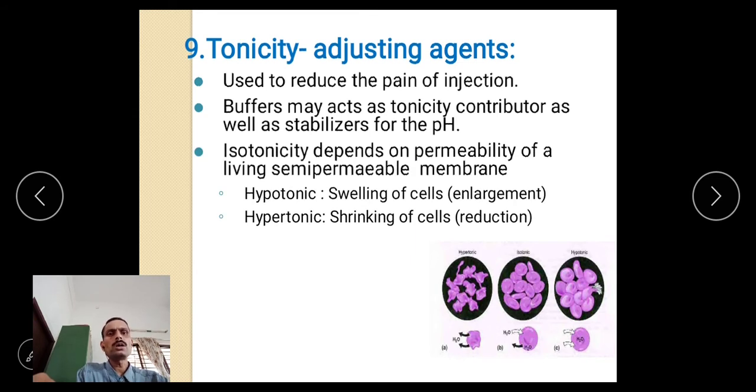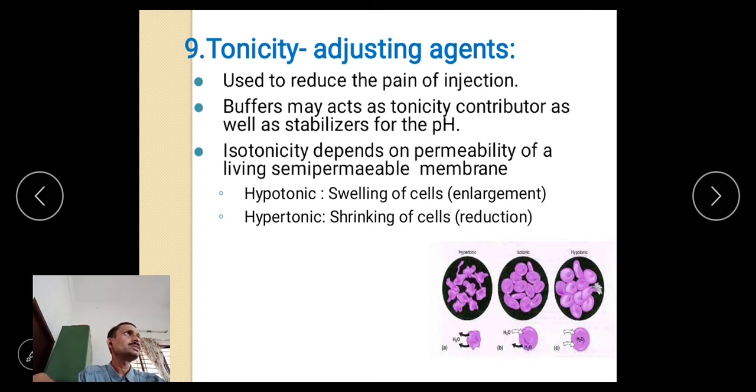So isotonicity depends upon the permeability of the living semi-permeable membrane. If you inject hypotonic solution, what happens? There is a swelling of cells and enlargement. That is called hypotonic solution, meaning the concentration of the injection is below that of your RBCs.